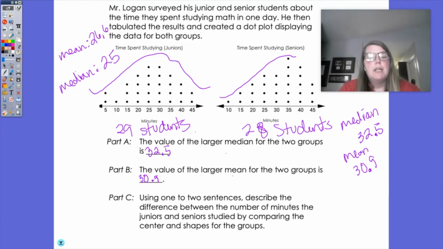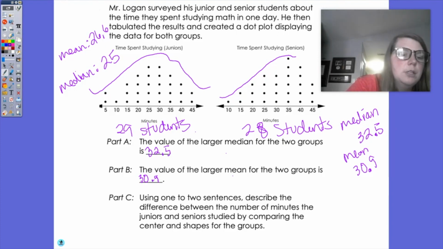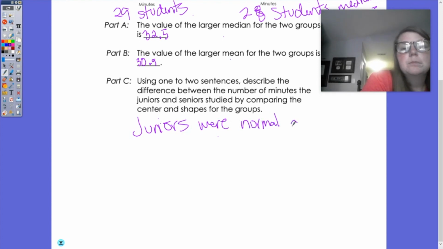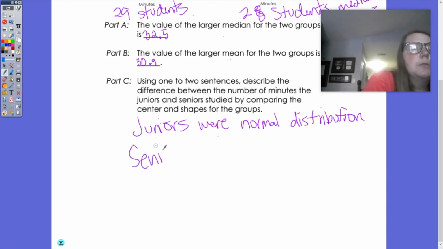So using 1 to 2 sentences, describe the difference between the number of minutes the juniors and seniors studied by comparing the shapes and centers. You'll notice that the juniors had a more normal distribution. Juniors were normal distribution. Seniors were skewed.